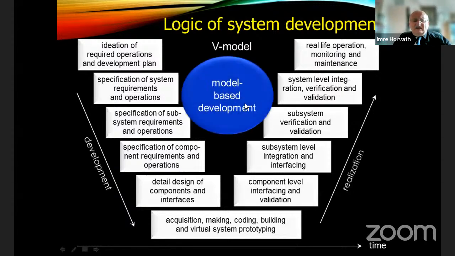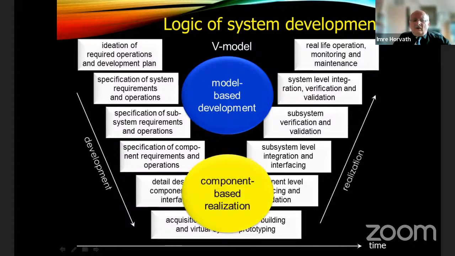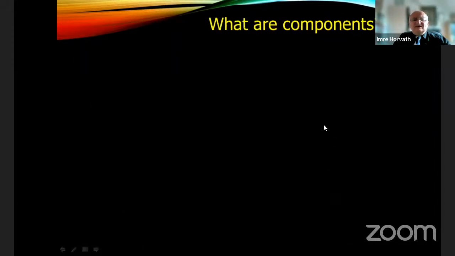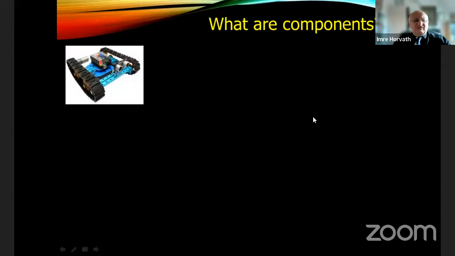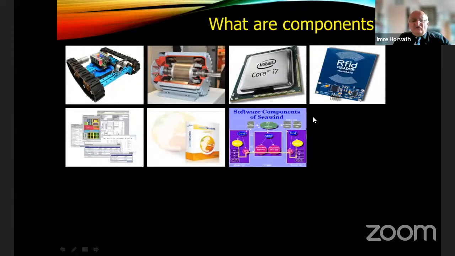Here I would like to mention that the upper part, the first part of the V model, represents what we discussed as model-based development, and the other part is often referred to as the component-based realization. I was talking about components, but I believe components are a very familiar concept for all of you.